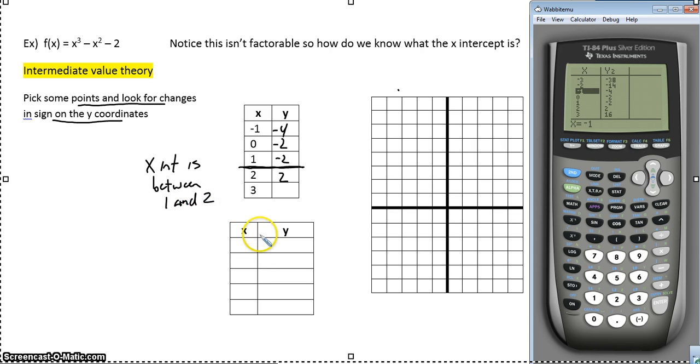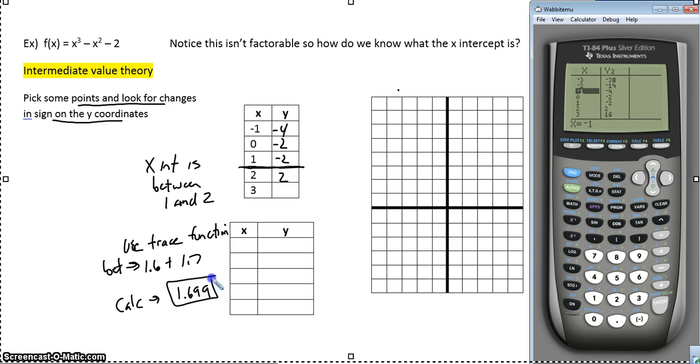And we used our trace function to get even closer, and we said that it was between 1.6 and 1.7. And then just by using the calculate function on our graphing calculator, we were able to say that it's probably about 1.699, as close as we can get.